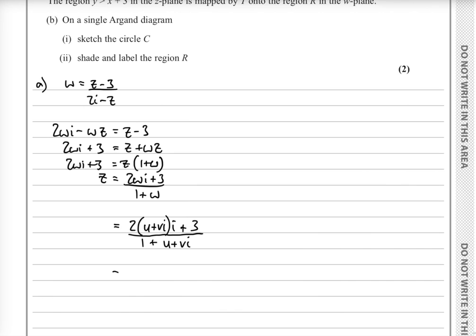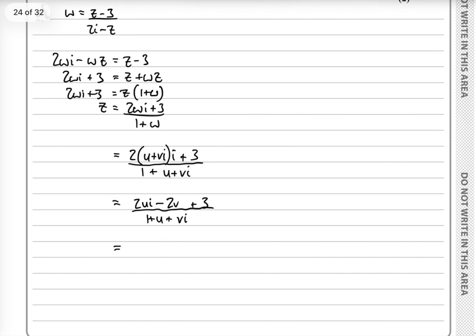Now we need the denominator to be real in order to split this fraction into two parts. So I'm going to collect real and imaginary parts in both denominator and numerator. But of course the i squared there becomes a minus 1. So I can consider this (3 minus 2v plus 2ui) over (u plus 1 plus vi), and then to make that real in the denominator, multiply it by u plus 1 minus vi.